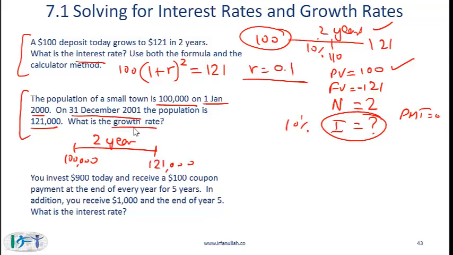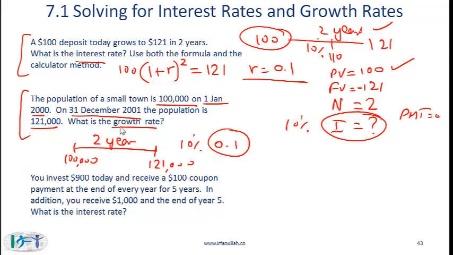So even though we are talking about population growth rate rather than interest rate, the calculation is exactly the same. You can see that again the interest rate is going to be 10%, the growth rate is going to be 10%, which is the same as 0.1.